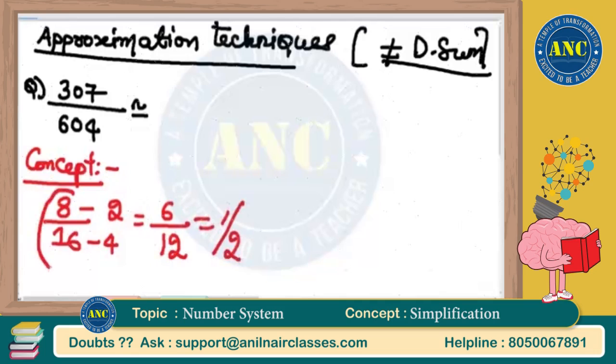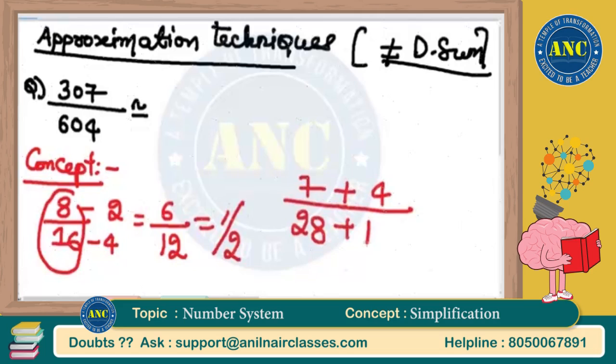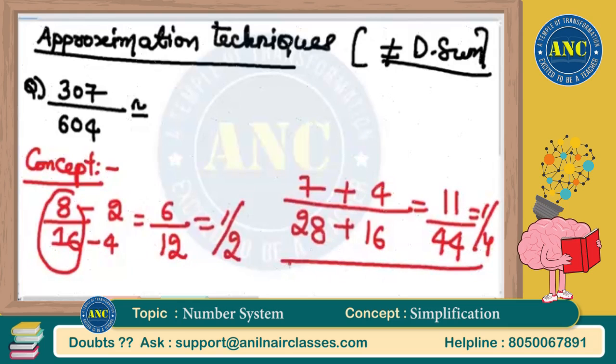If the ratio is in the form of 1 by 2 and I add or decrease the same values in the numerator and denominator, the answer will not change. 7 by 28 is in the form of 1 by 4. 7 plus 4 is 11, 28 plus 16 is 44, still 1 by 4. If the ratio is in the form of 1 by 2 or 1 by 4, do addition or subtraction in the same ratio and the answer will not change.